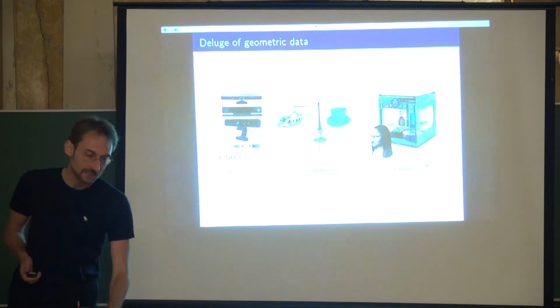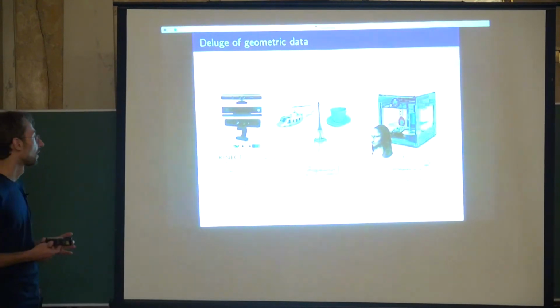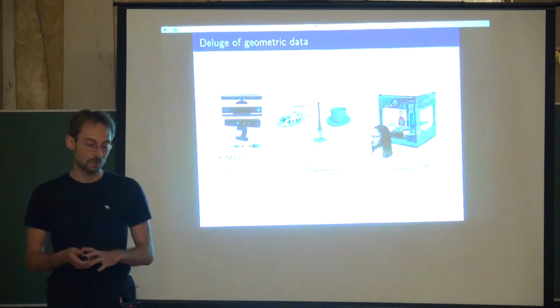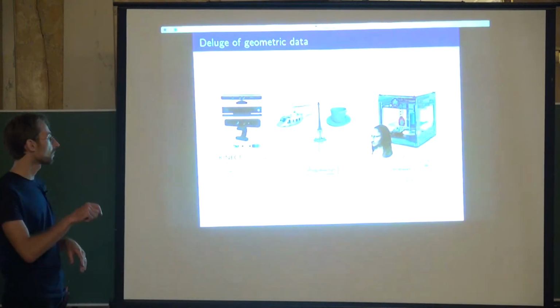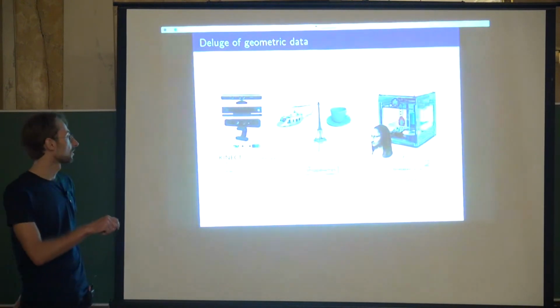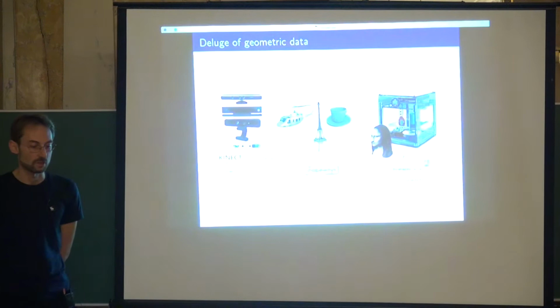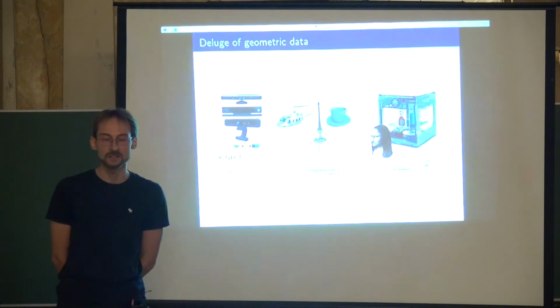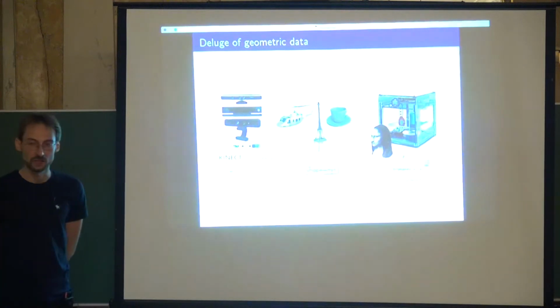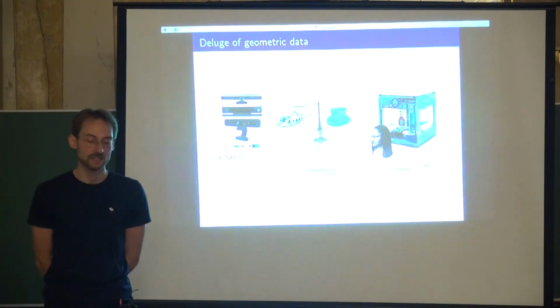What is nice is that in terms of an ecosystem, it creates a closed ecosystem where we have acquisition hardware, where we can scan 3D data. We also have repositories, like, for example, Google 3D Warehouse or Shapeways, which is a service that also allows you to print your 3D scans in 3D.